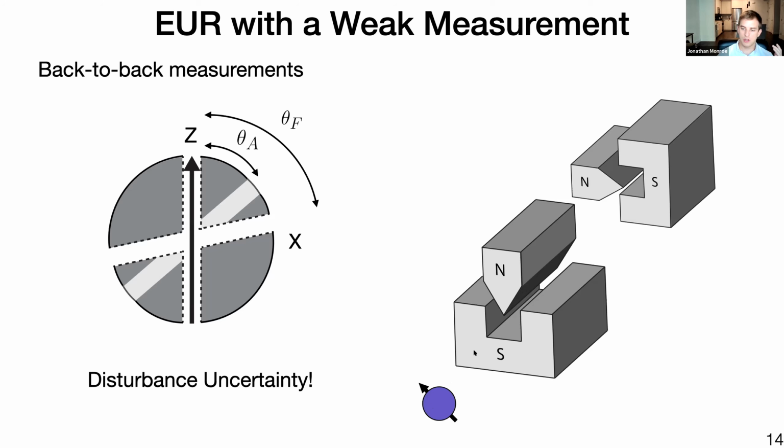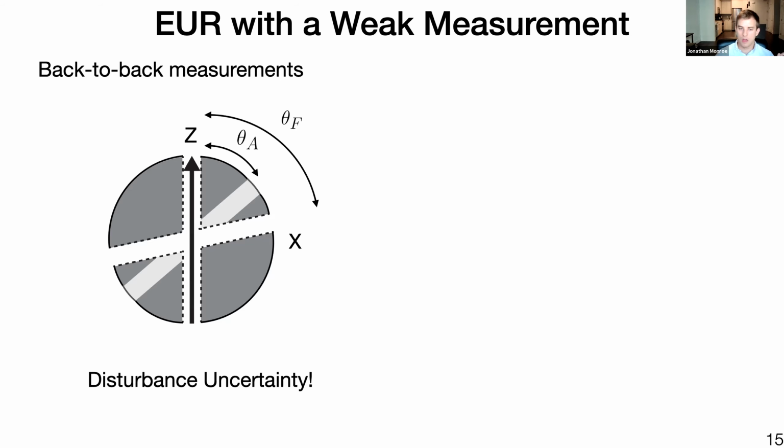We weakly measure it first, and that changes what the state is, and then we finally projectively measure it at the end. And so the disturbance that the measurement imparts turns out to be an essential feature of how this reconciliation happens between sigma Z and sigma X.